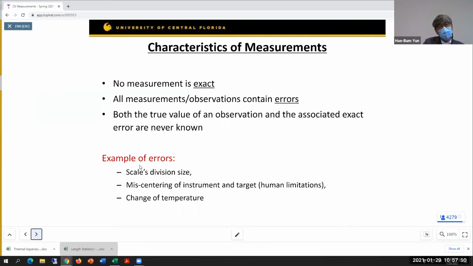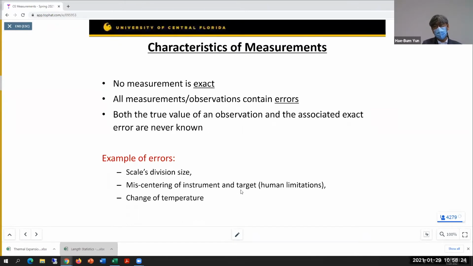I listed three examples of error sources here. First, scale division size. If you have an analog scale and your arrow shows the middle of a division, then you need to guess. That is one example of an error. Second, miscentering of the instrument and the target.